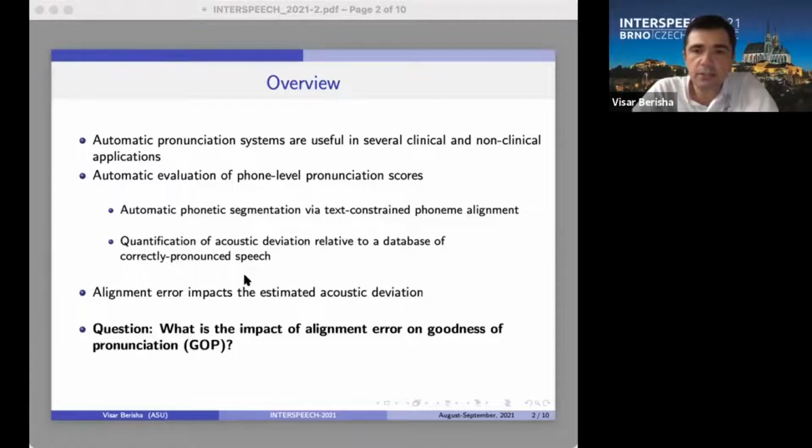It stands to reason that if there are any alignment errors, this would have a downstream impact on the output of the automatic evaluation system. And so the fundamental question that we want to answer in this work is, what is the impact of alignment errors on goodness of pronunciation?